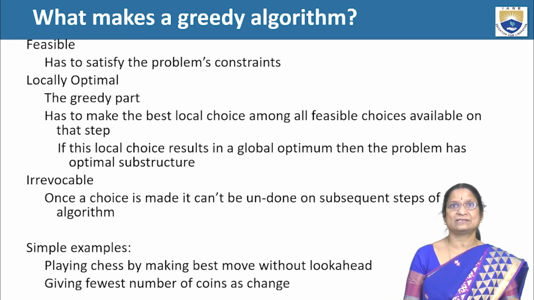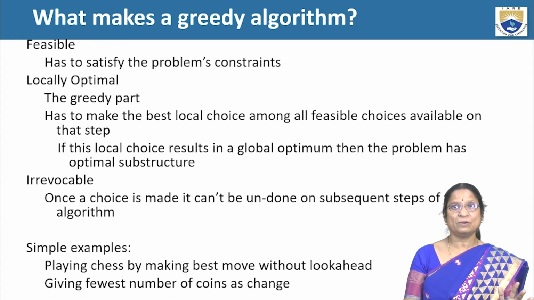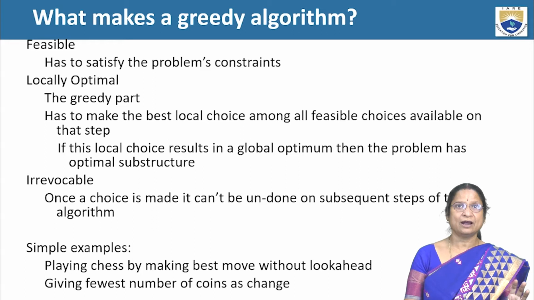We'll discuss all those things. The best local choice is made among all feasible choices available in that particular step. If this local choice results in a global optimum, then the problem has optimal substructure. Otherwise, the problem may not have the optimal substructure. Once a choice is made in the greedy technique, we are supposed to remember this most important concept: once a choice is made, it cannot be undone.